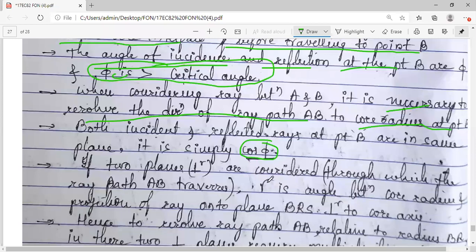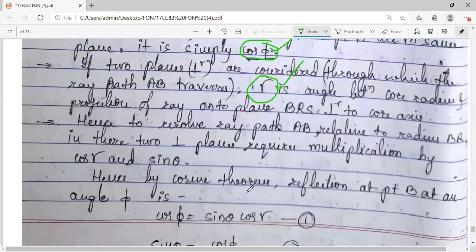And gamma is also an adjacent angle, it will become cos gamma. And theta is the opposite angle, it will become what? Sine theta. Sine, not cos. Phi and gamma are cos terms and theta is a sine term.